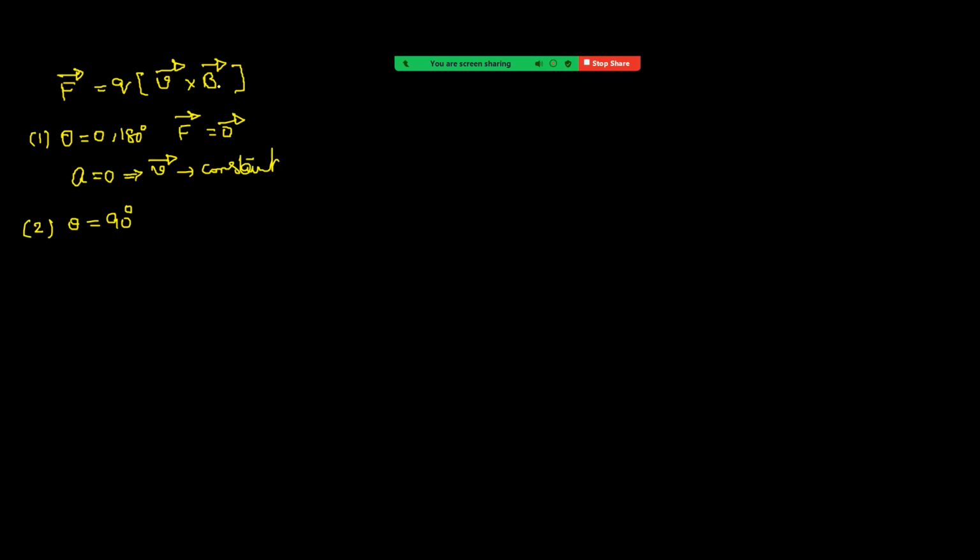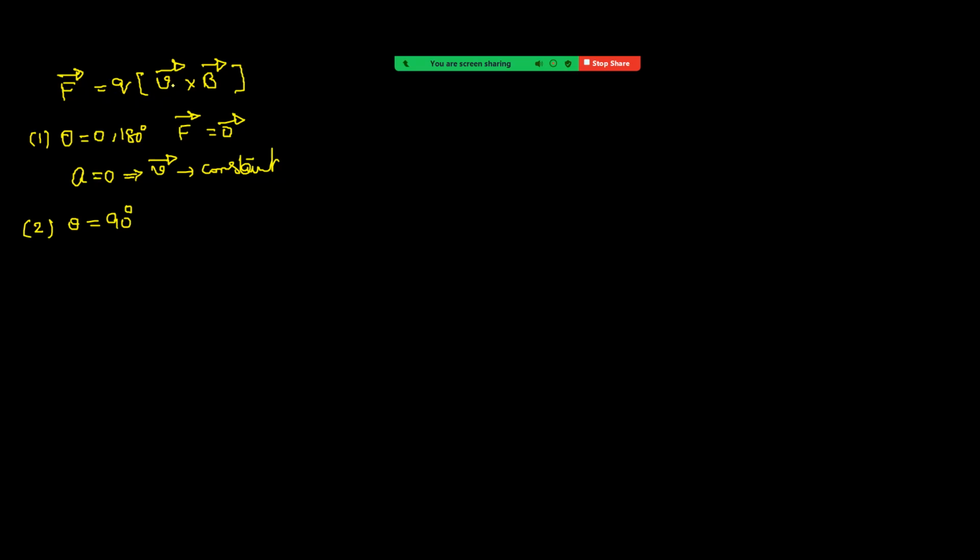Q V B sine 90. So modulus of the force is maximum. And you can see this force is always normal to velocity. That means speed of the particle does not change. It is only a change of direction, right?